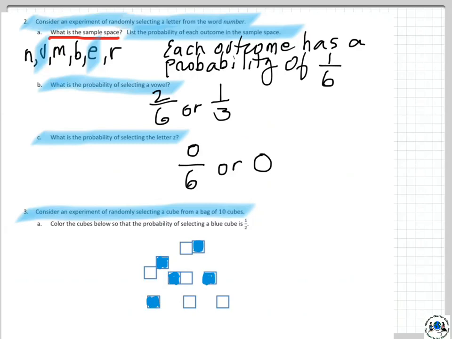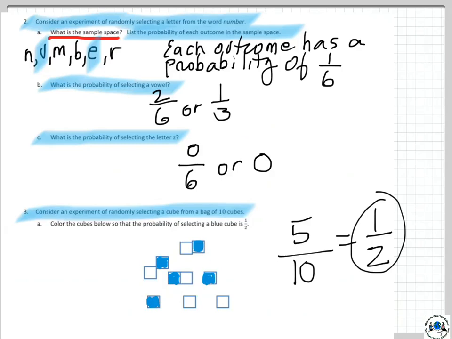You can see if there are 10 cubes, so 10 possibilities, your sample space is 10, and then we have 5 of those, because that is equal to 1/2. Okay, 5 out of 10. So therefore I'd have to color 5 of those blocks blue.